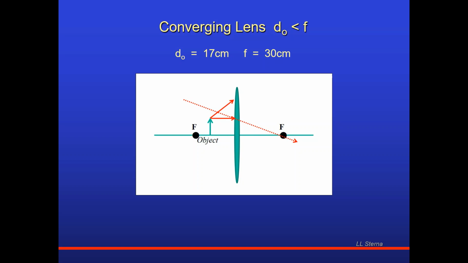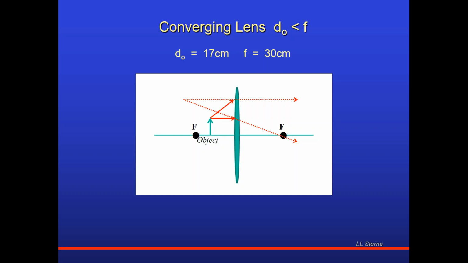So you can consider from the focal point through the tip of the arrow up to the lens. So it's coming from the tip of the arrow, but it appears to come on a line from the focal point. Therefore, that will pass the lens, go out parallel.